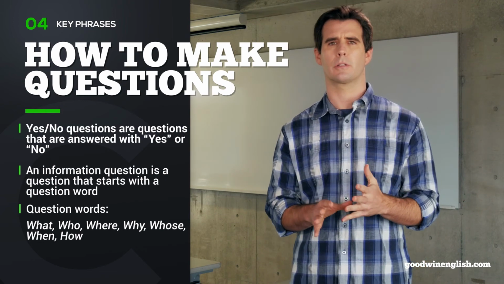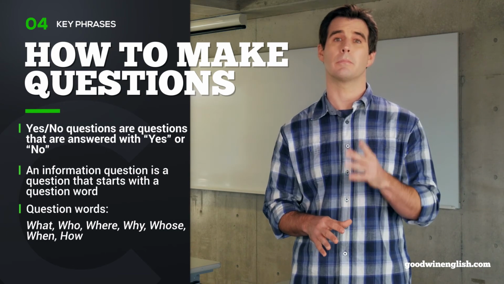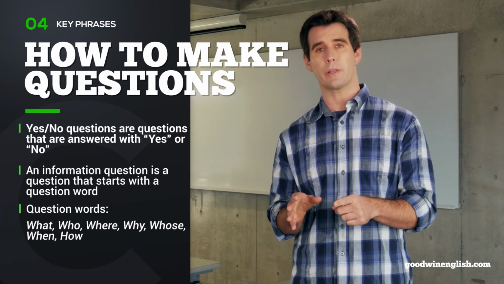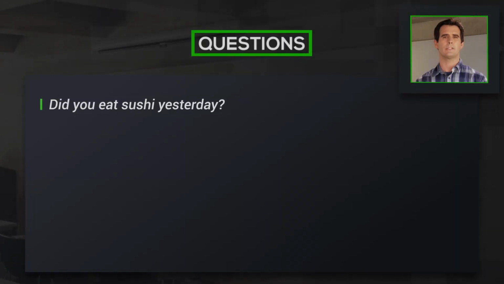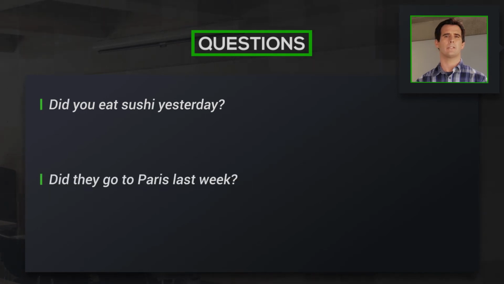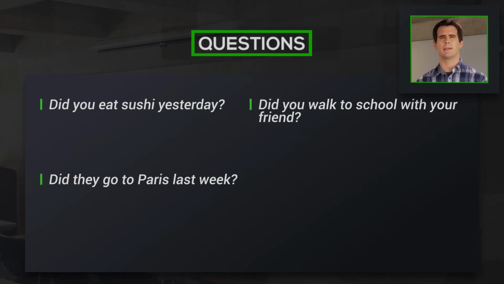Let's take a look at how to make some yes/no questions with the past form tense. Did you eat sushi yesterday? Did you go to Paris last week? Did you walk to school with your friend? Here, you can see that our yes/no questions start with the word did.